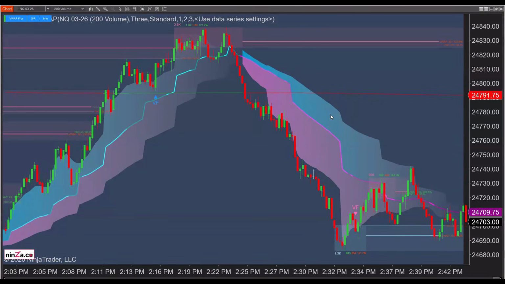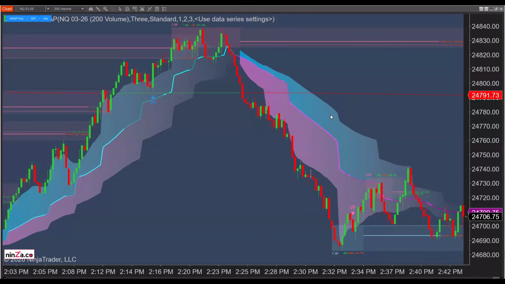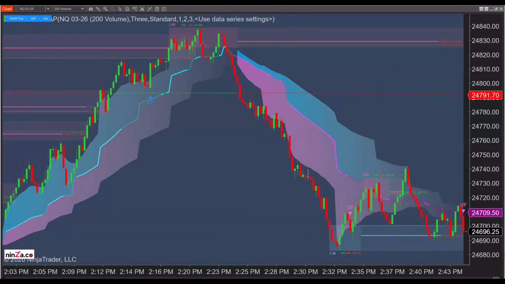You really can compare the two. There is a reason why one is free and one is not. This to me is a lot clearer. Using your regular VWAP, do you suspect this area at all? Using the regular VWAP? No, there was nothing here.